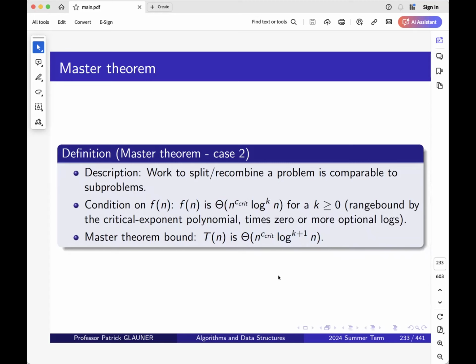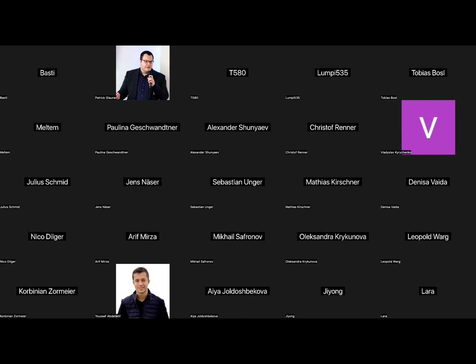If you want to see why this is the case, check the original paper where the master theorem was derived, but this doesn't matter to this introductory course because we apply the master theorem. We don't need to derive it. I know this looks complex, but it isn't that complex when you start using examples. I'll show you another example now for case two. You'll see it's actually fairly doable.